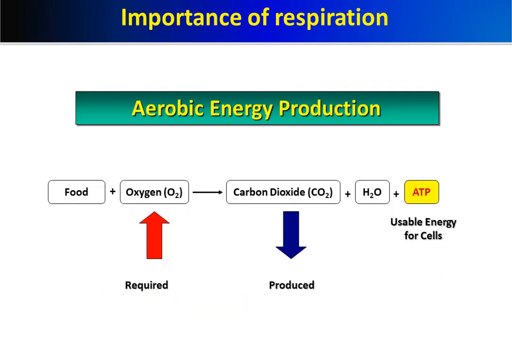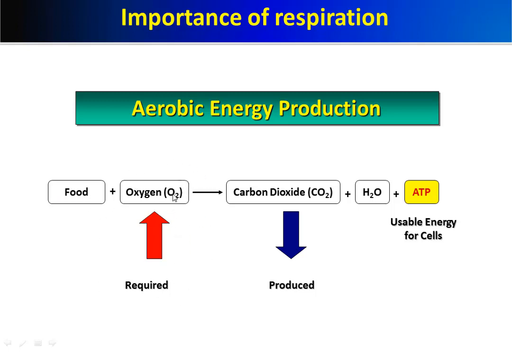So here we have the equation which shows the aerobic production of energy. The food which we eat, the carbohydrates, the lipids, are digested and then absorbed, and they go to the tissues, and in the tissues, when the food is oxidized, we require oxygen.